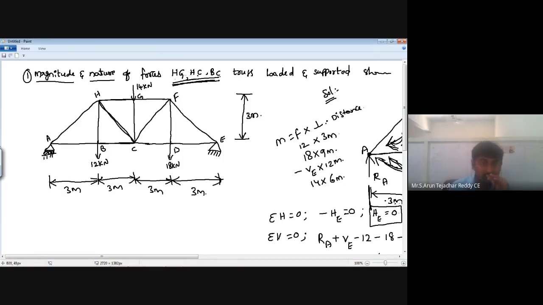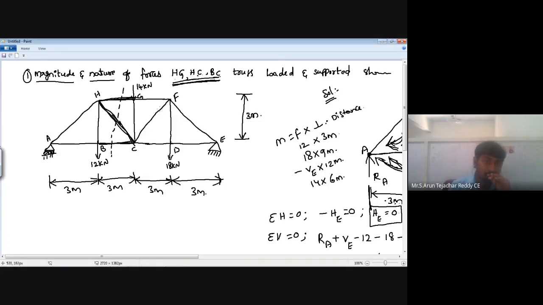See, HG is here, so cut the truss. Next HC, the HC member is acting here. Next BC, it means the BC member is acting.